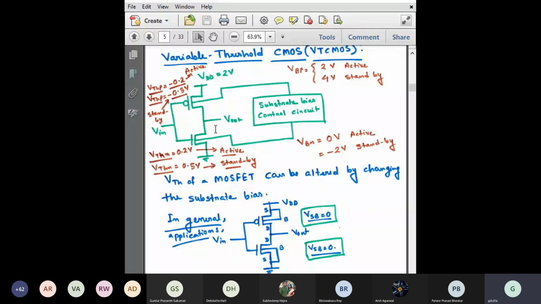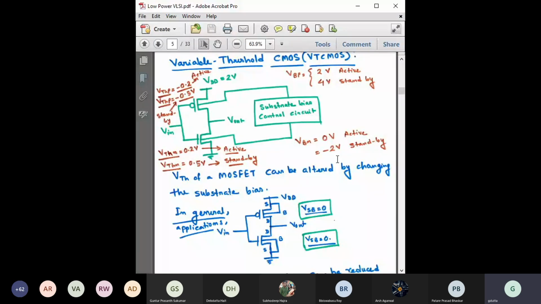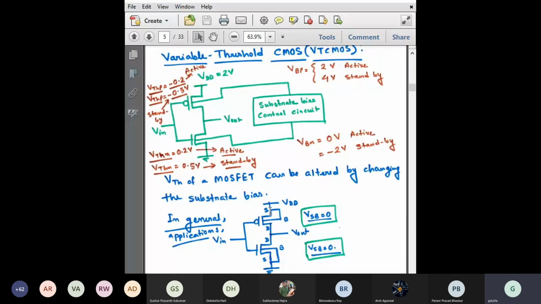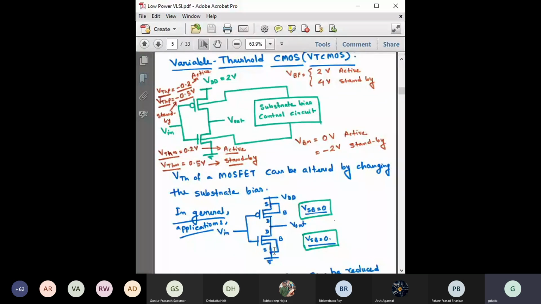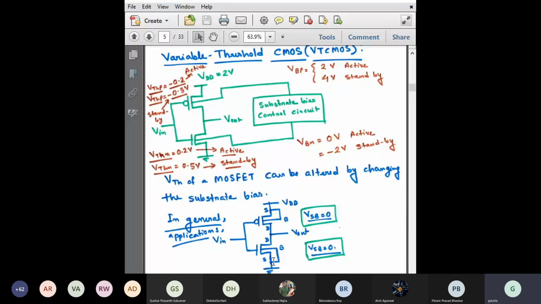So in the standby mode, it increases to 4 volt, and here it decreases to minus 2 volt. Right. So you can see here, you are making this PN junction here as well as here more reverse biased. So when you do that, your threshold voltage actually increases.